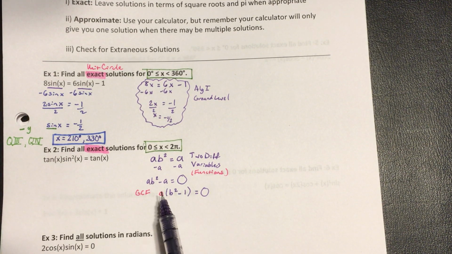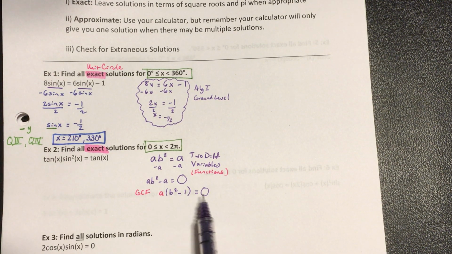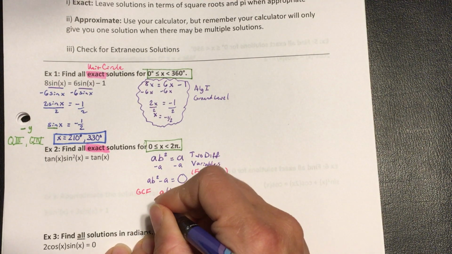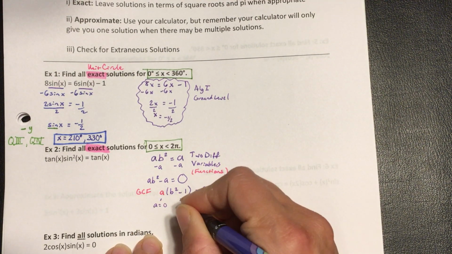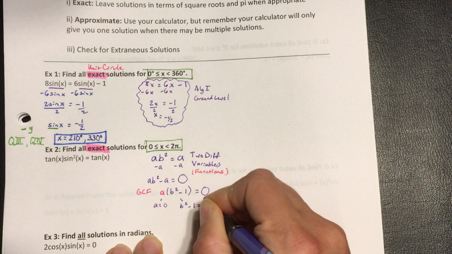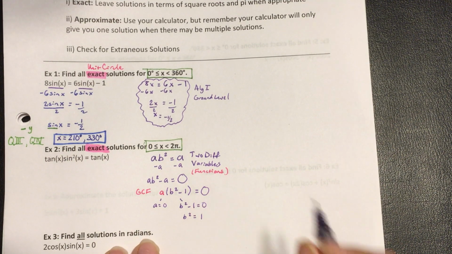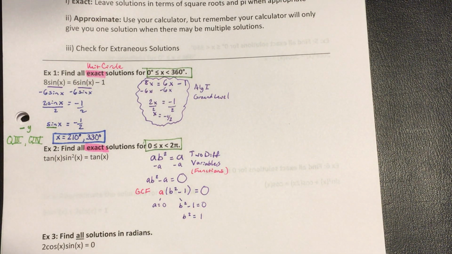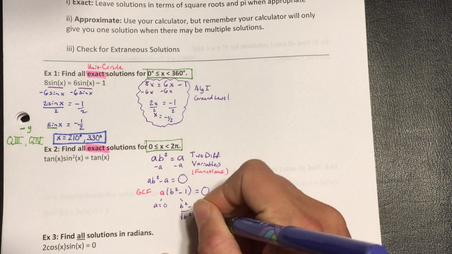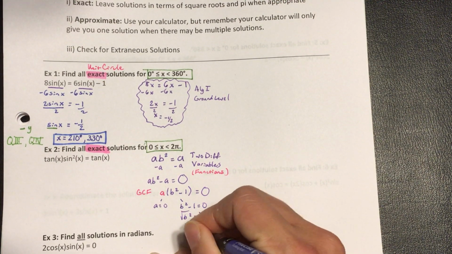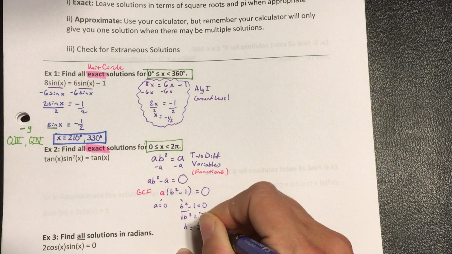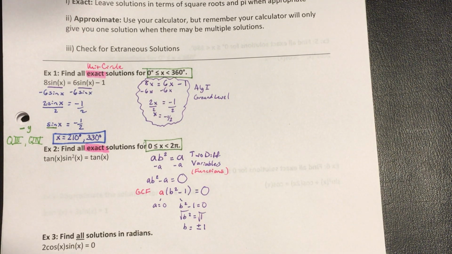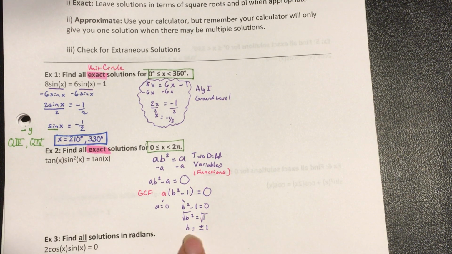And now that it is factored and I have something times something equals 0, either this first something equals 0 or this second something equals 0. So then b squared equals 1. How am I going to solve for b? Square root. So b equals plus or minus 1. So remember, anytime you square root, you have to include a plus or minus.